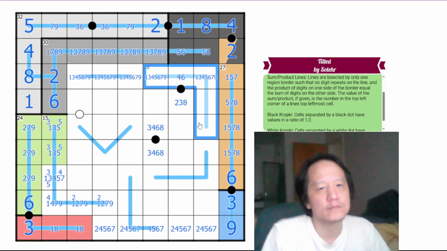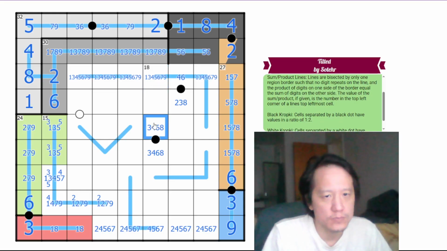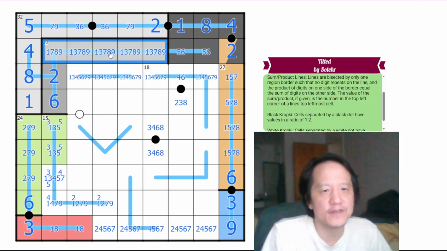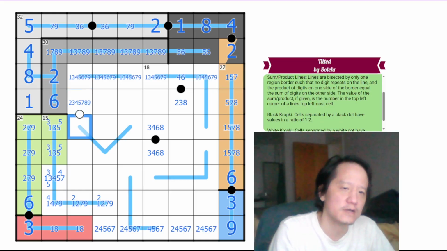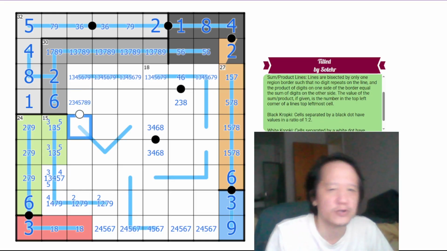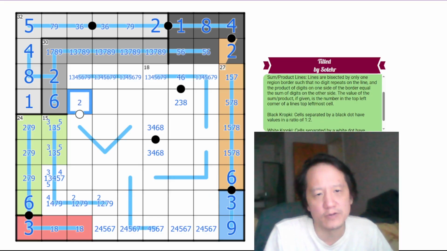18. So we have a 4 and a 5 remaining in the medium gray cells. It could just be here. That's possible. These digits have to be 2, 3, 4, 5, 7, 8, 9. That's still pretty broad. Okay, so let's not do that one yet then. 18.